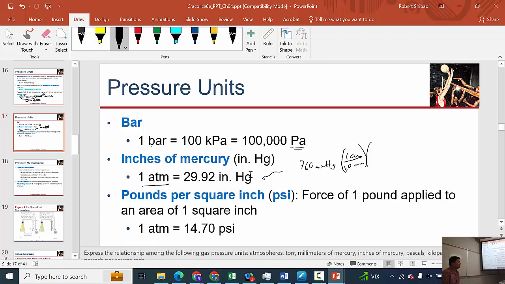And then we go from centimeters to inches. 1 inch is exactly 2.54 centimeters. And this is going to give us 29.92 inches of mercury. So I don't bother. This is just converting from millimeters to centimeters, centimeters to inches. So 760 millimeters of length is about 30 inches long.